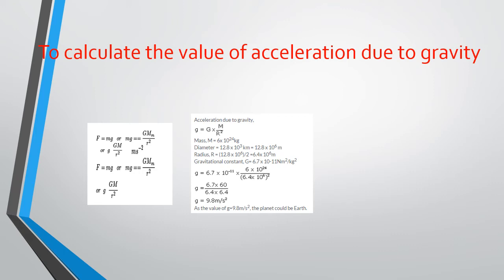Therefore, the value of g, acceleration due to gravity, will be 6.7 into 10 to the power of minus 11 into 6 into 10 to the power of 24 divided by 6.4 into 10 to the power of 6 the whole square. Therefore, finally we are getting the value g is equal to 9.8 meter per second square. As the value of g is equal to 9.8 meter per second square, the planet could be Earth.